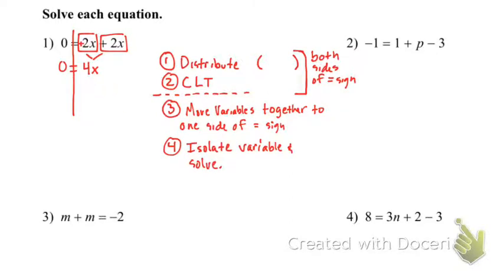To get rid of the 4, we have to ask ourselves, what's the 4 doing? We know it's multiplying. The opposite of multiplication is division, and we do that to both sides. What you do to one side, do to the other. 0 divided by 4 is 0 equals, the 4's on the right cancel out, and we're left with x. So 0 equals x. Okay, and we're done with number 1.